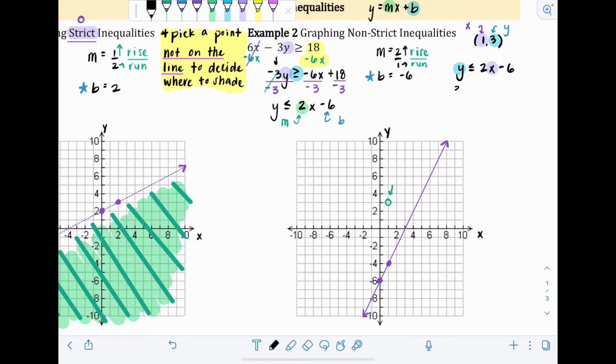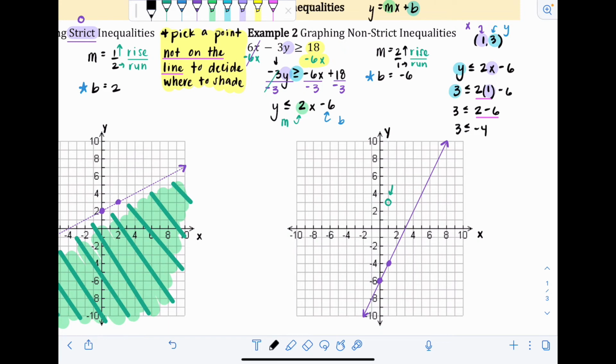So it would become 3 is less than or equal to 2 times 1, minus 6. The 3 replaced the y, the 1 replaced the x, and now we need to simplify, so we would multiply first. So 3 is less than or equal to 2 times 1, which is 2, and then minus 6. And then now I can subtract. So 3 is less than or equal to 2 minus 6. 2 minus 6 is negative 4.